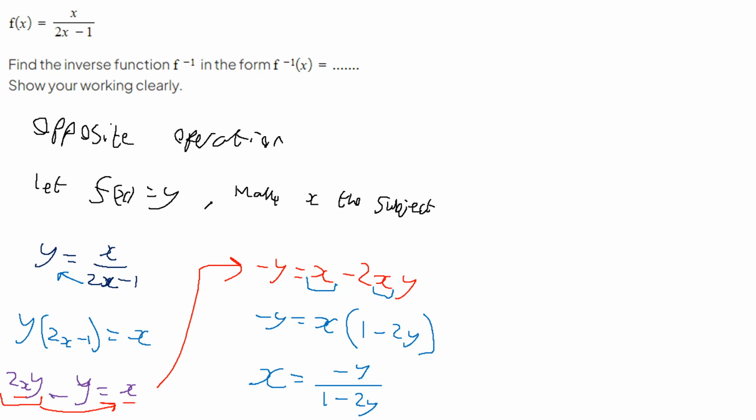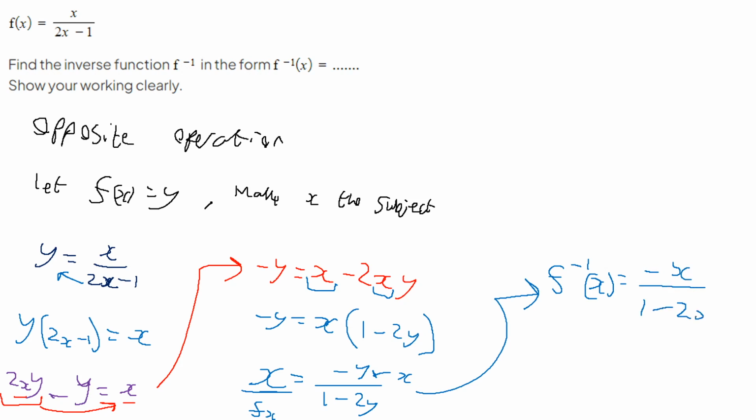So therefore, this is unfortunately in terms of y. So now we can replace this with f of x and this with x. And what we're left with is a final answer of inverse f of x is equal to minus x over 1 minus 2x. And that's our final answer.